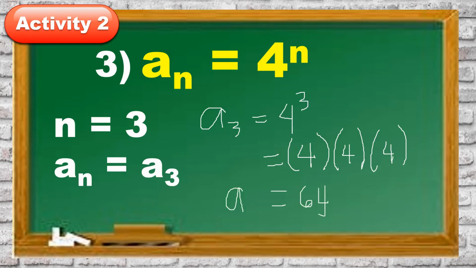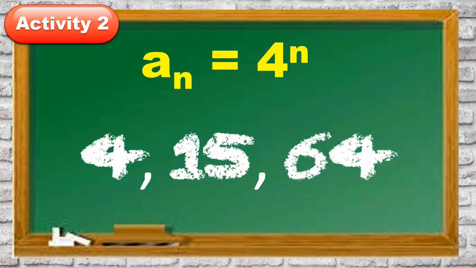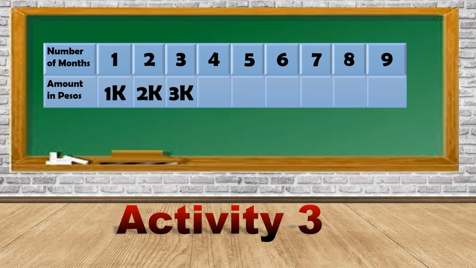Therefore, ang ating third term ay 64. Ulitin ko ha, 4 raised to 3 means 4 times 4, which is 16, times 4, which is 64. So, ang nakuha nating first 3 term from the equation a sub n equals 4 raised to n ay 4, 16, at 64.